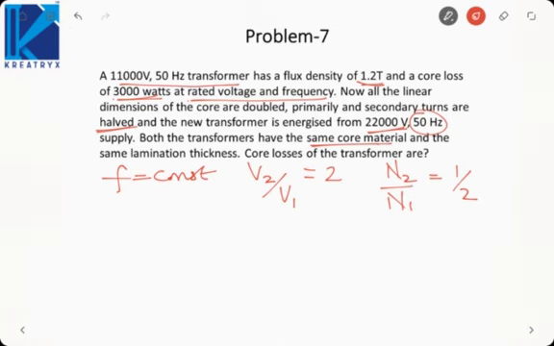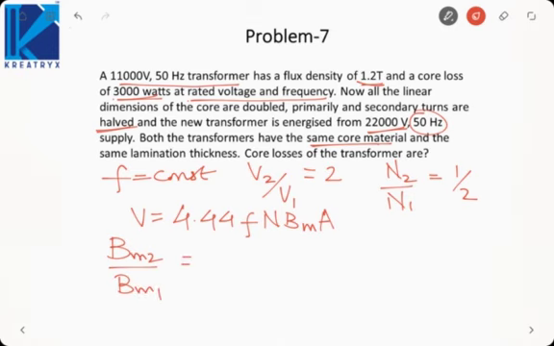So let us first find out what happens to the magnetic flux density. Now we know voltage is equal to 4.44 F N Bm into area. So Bm2 by Bm1 will be, since frequency is constant, V2 by V1 into N1 by N2 into A1 by A2.